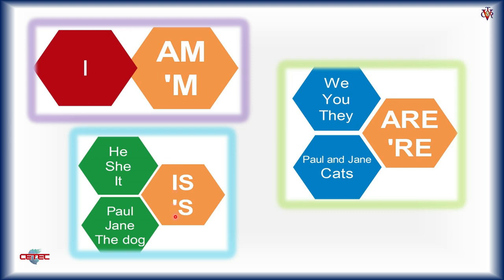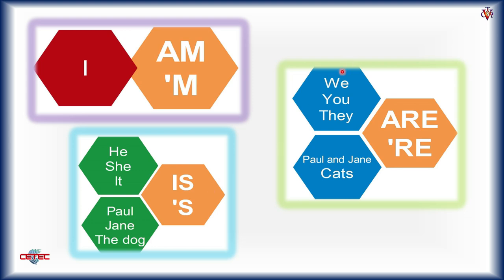Probably you will see that apostrophe and S is common. She, about a girl, Jane. She is. It, animal or thing. The dog is. Both forms are the same: letters I and S, or apostrophe and S. Both forms are equal.